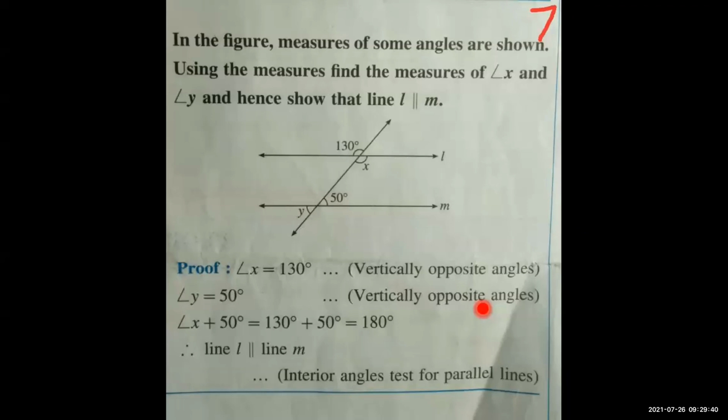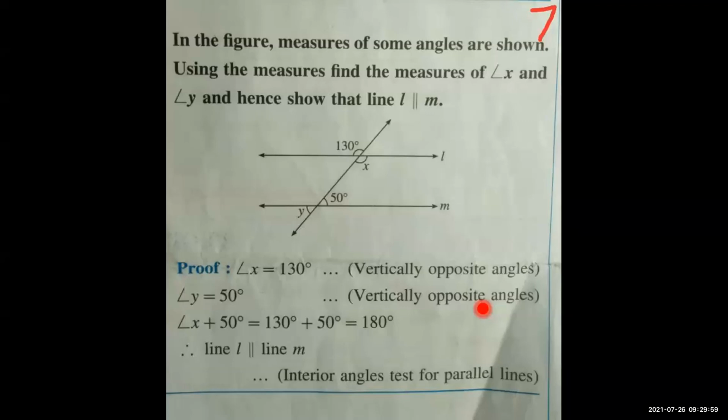That is the pair of interior angles. If we add both the angles, we write the step: angle X plus 50 degrees together measure 180 degrees.